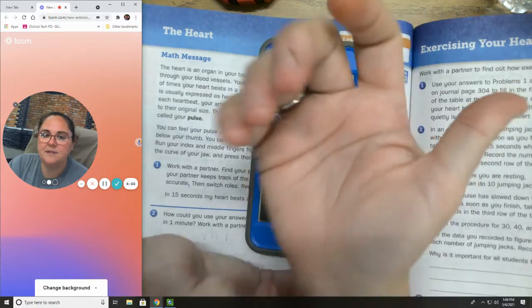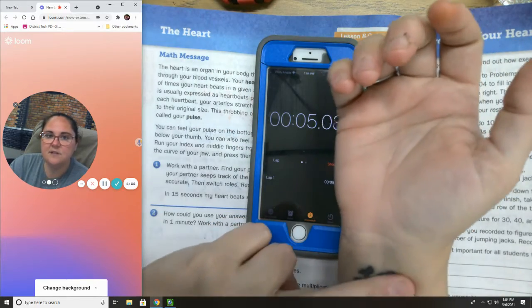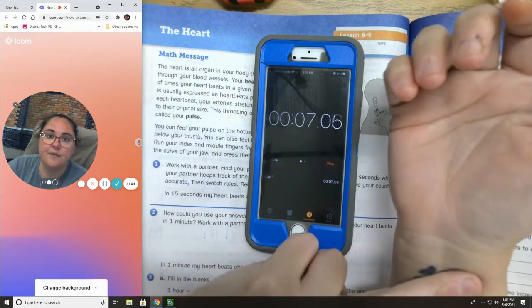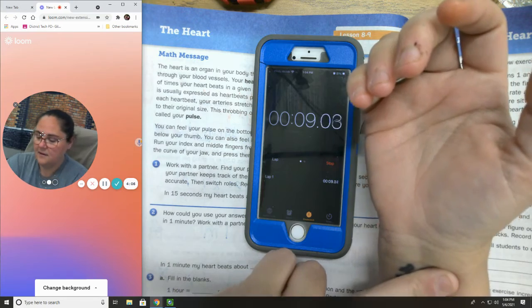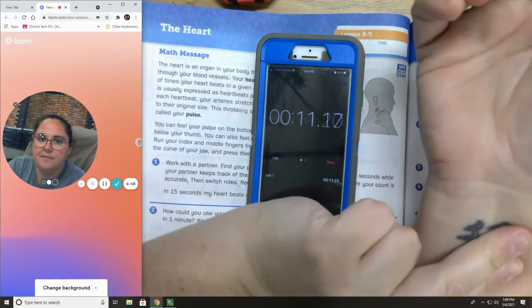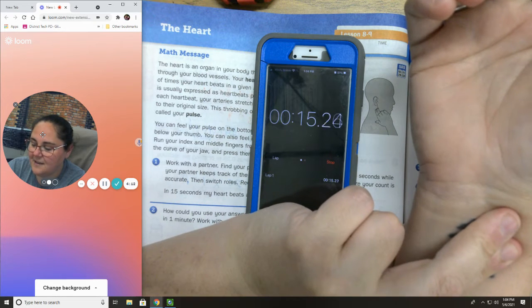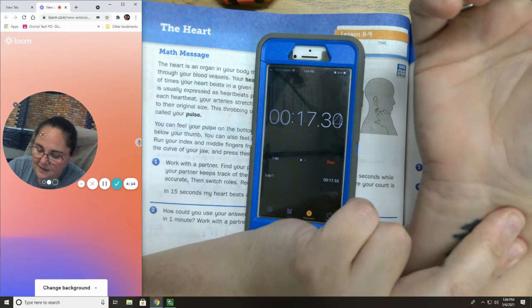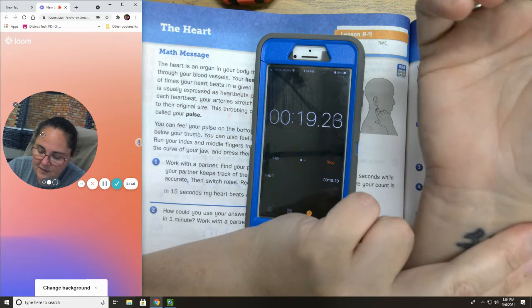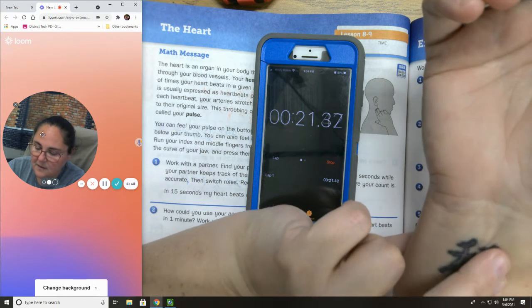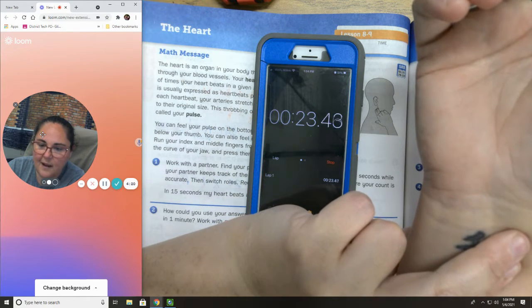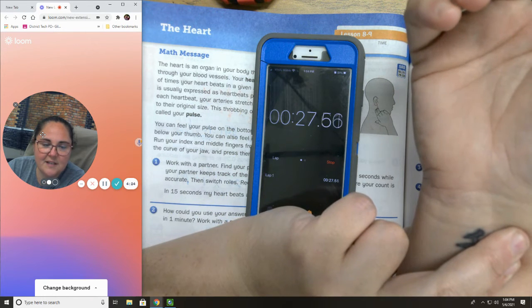I'm going to find my pulse, and as soon as I find it, I'm going to start counting for 15 seconds. Okay, I have my pulse right now. Let me move my fingers just to make sure. There it is. I'm going to look at my timer and start counting. Ready? I'm going to wait till it's at 30 seconds. Make it easy.